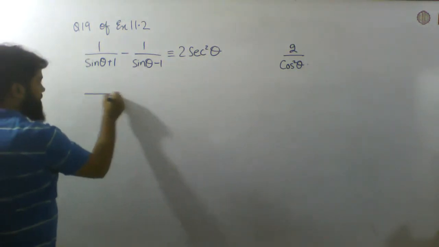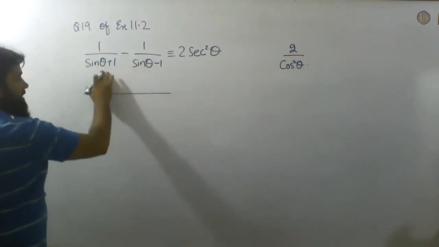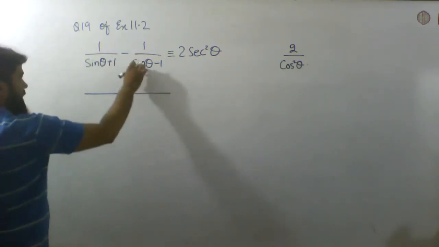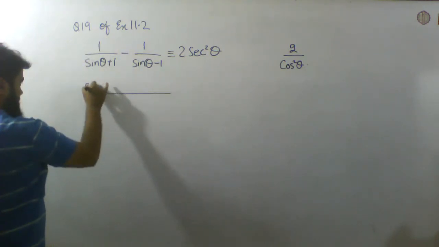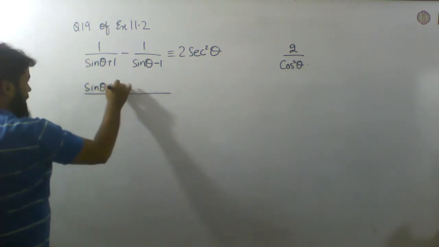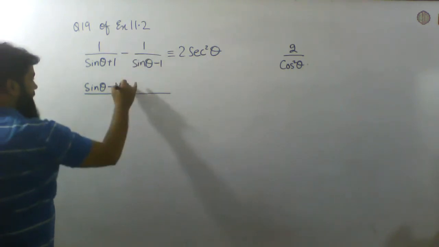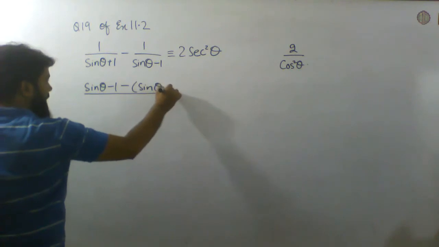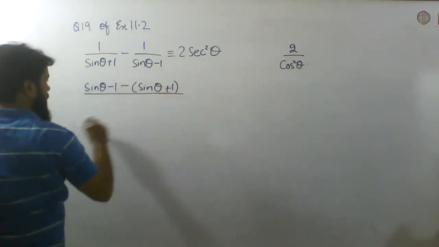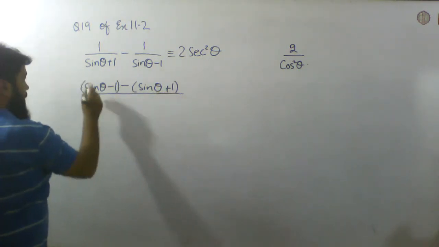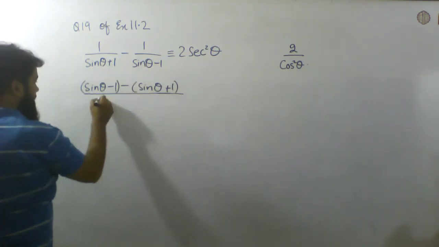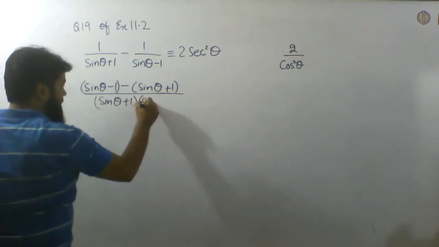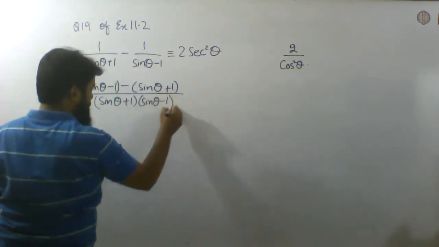First of all, two different fractions are there. I can't do anything with them as a single fraction, so I will take the LCM. This one will be multiplied by sine theta minus 1, and this will be multiplied by sine theta plus 1, upon these two multiplied by each other, sine theta plus 1 into sine theta minus 1.